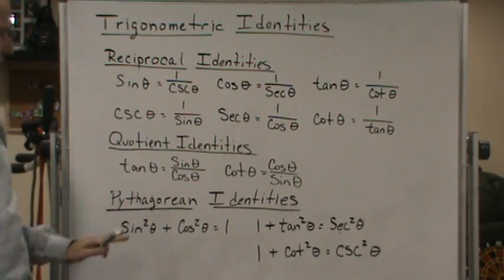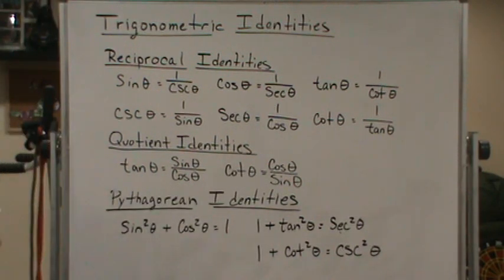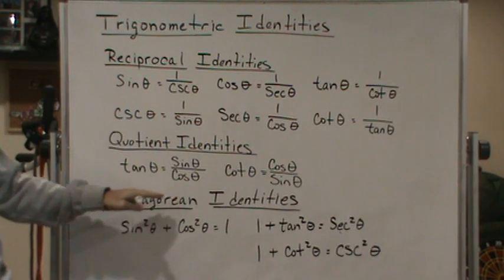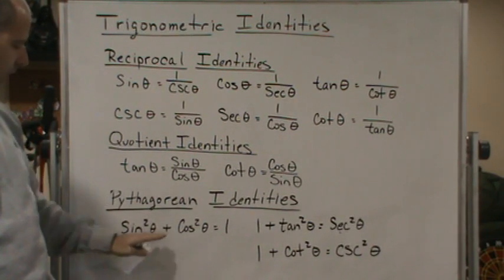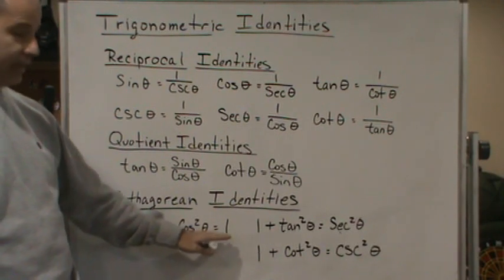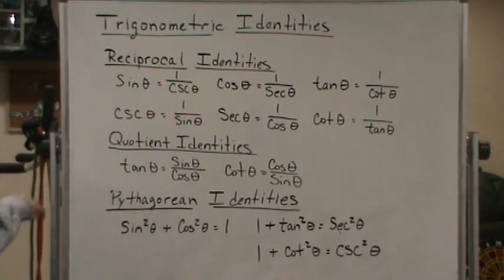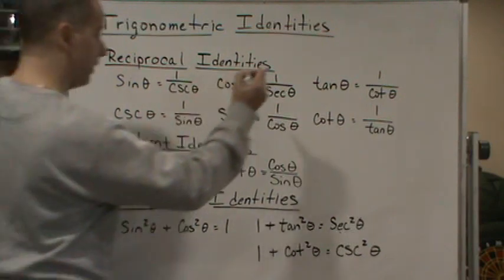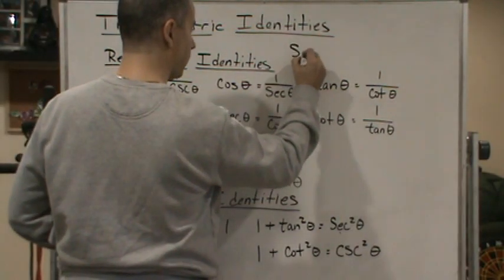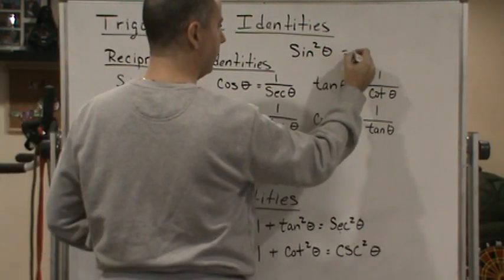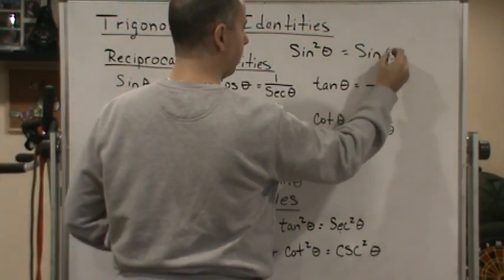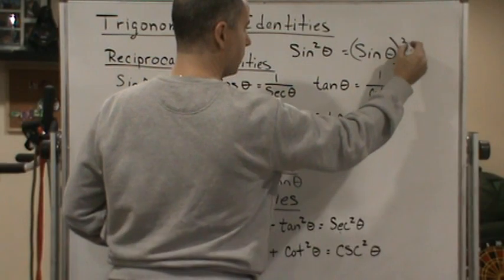And then we've got the Pythagorean identities. So the Pythagorean identities start with the fact that we have sine squared theta plus cosine squared theta equals 1. Also keep in mind that when we write, for example, sine squared theta, what we're really saying is the sine of theta quantity squared.